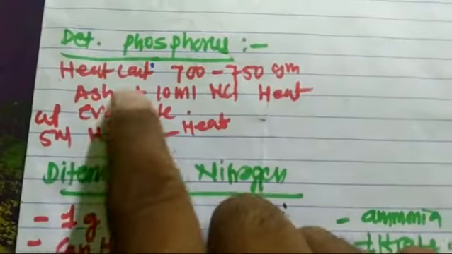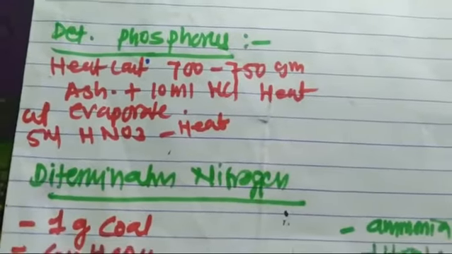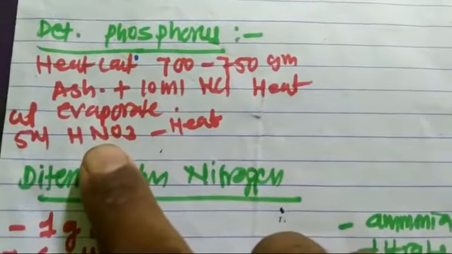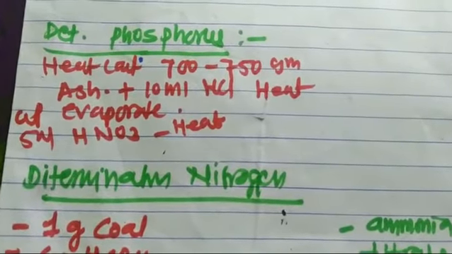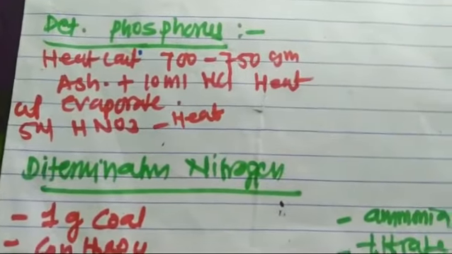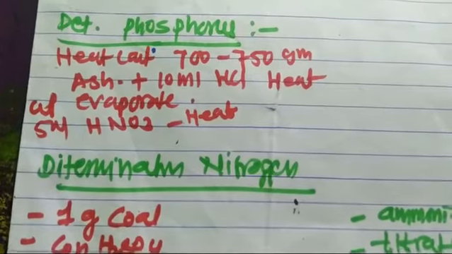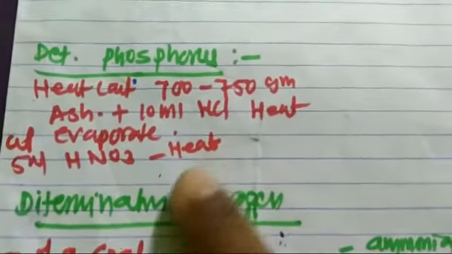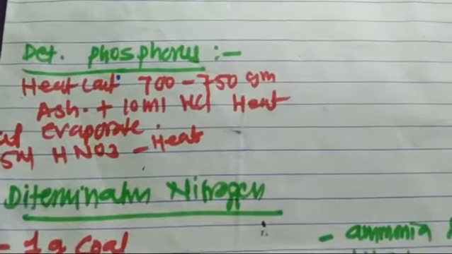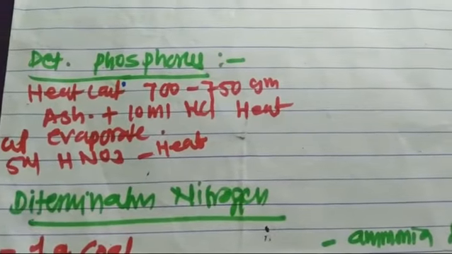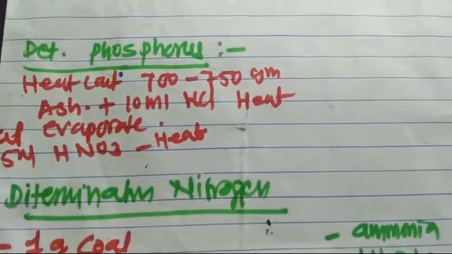This ash is mixed with 10 ml HCl and heated again to evaporation. Then we add 5 ml HNO3. Then residue is formed, and the percentage of phosphorus is calculated volumetrically by using phosphomolybdate. So we determine the percentage of phosphorus.